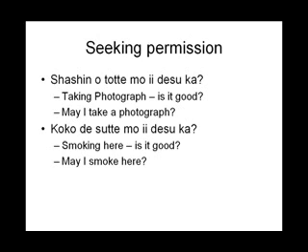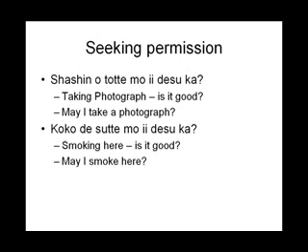We saw just a slide ago that toru means take and shashin means photograph. Totte is the te form of toru. Toru is a group 1 verb. If you wish to seek permission for taking a photograph, you can say Shashin wo tottemo ii desu ka? Taking photograph, is it good? would appear to be a crude translation. May I take a photograph will be the meaning of this request.